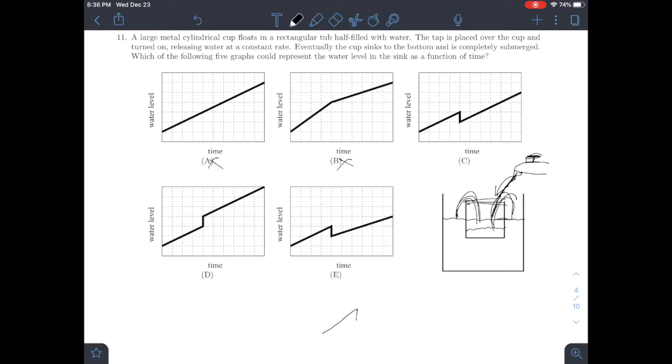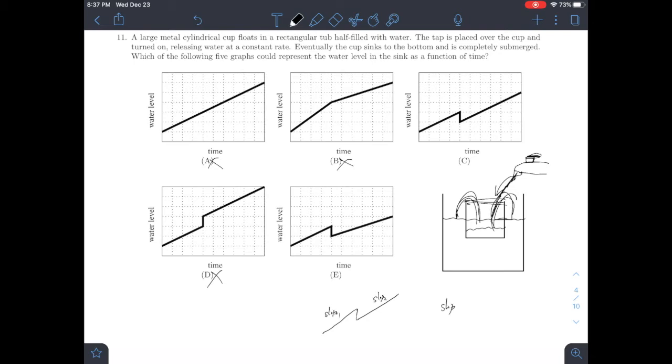Then pretty much we can erase answers A, B, and D. So C and E: what's the difference between C and E is the rate of increase of the surface after the drop. Are they the same slope or different slope? Well, when we pour water into the cup, we know the Archimedes principle: the density of the water times the volume displaced should be equal to the buoyant force.